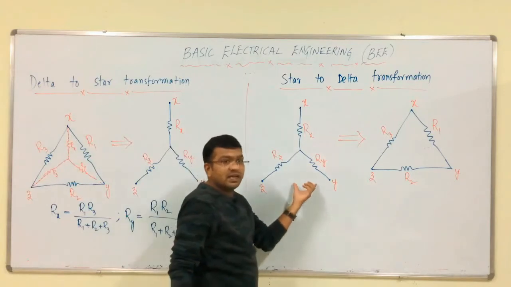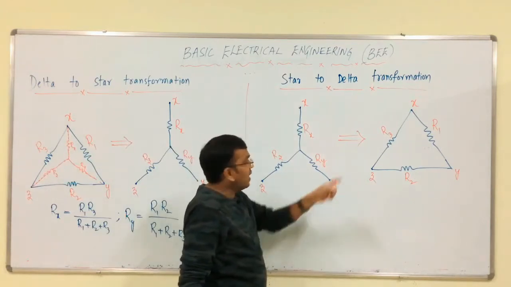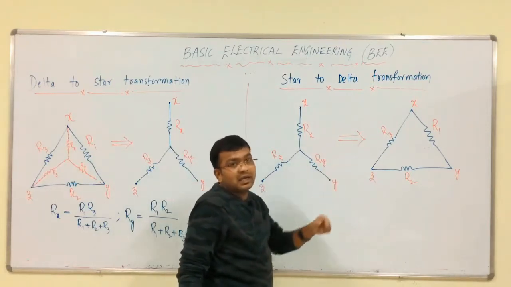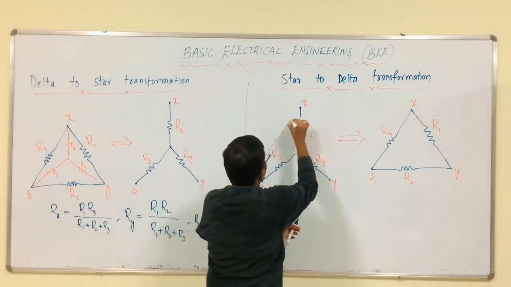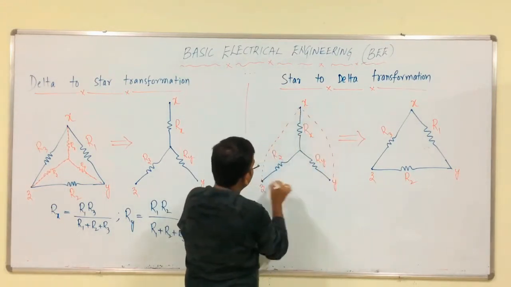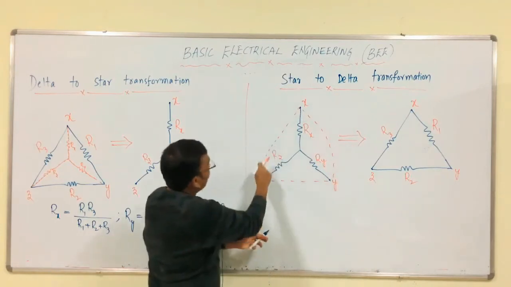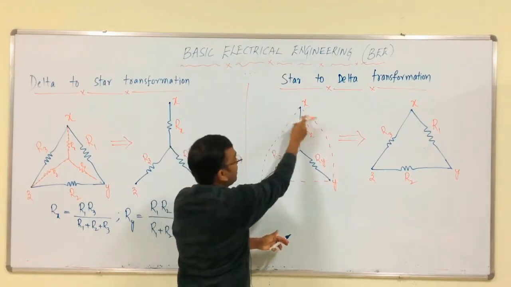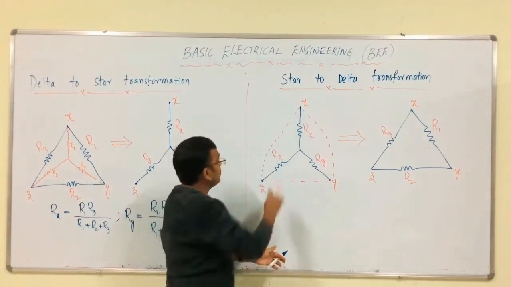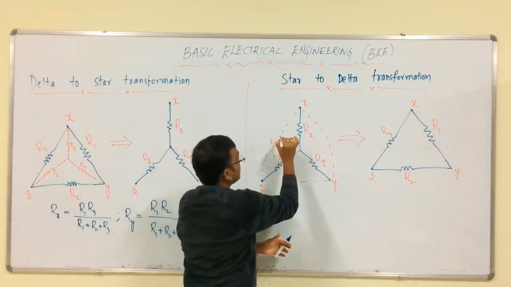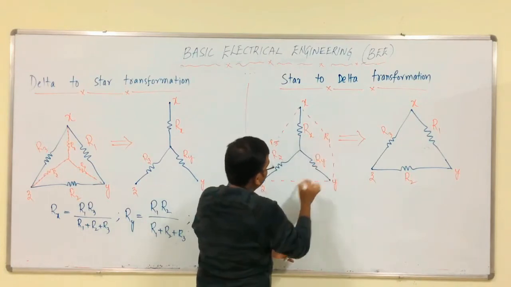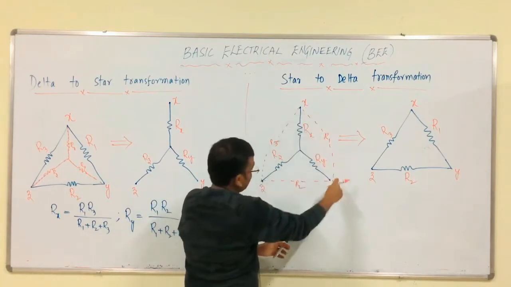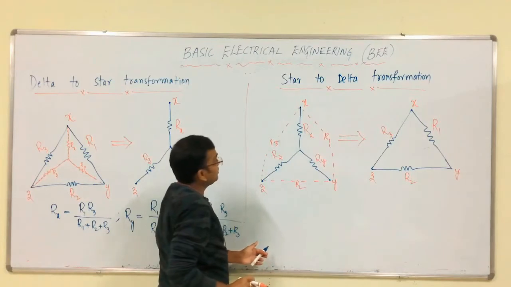Now the given network is a star, and we have to calculate the delta connected network parameters. The outer periphery is nothing but the delta connected network. This is R3, this is R1, this is R2. So this is the delta connected network.